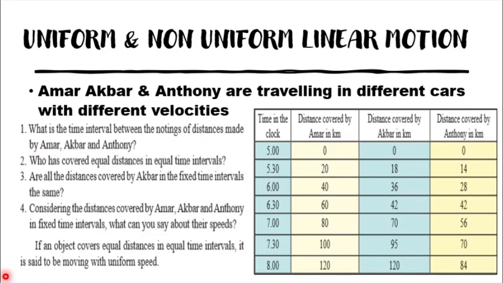So by this we come to know that if an object covers equal distances in equal time intervals, then it is said to be moving with a uniform speed. And if it is not covering equal distances in equal time intervals, it is said to be moving with a non-uniform speed.